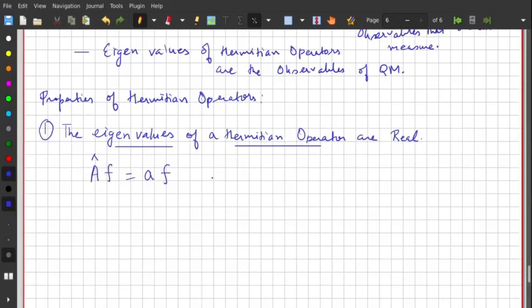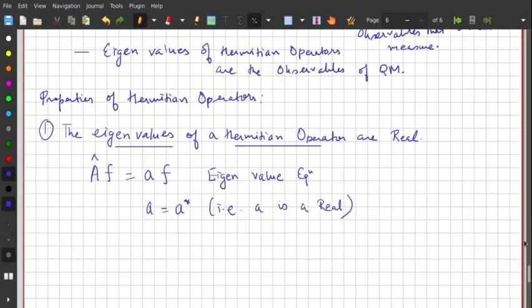Here f is the eigenfunction and a is the eigenvalue. So this is the eigenvalue equation. What we have to prove, the equivalent mathematical statement, is that a is the same as a star. That means a is real.